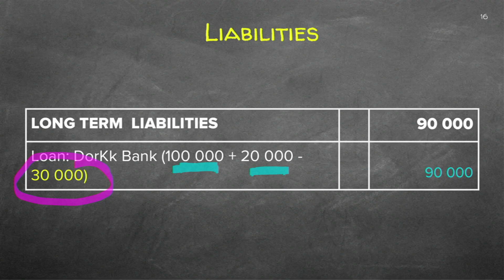Short-term loan is a current liability, as you well know. So now if I said 100 plus 20 gives me 120,000 minus the 30,000, which is the portion I'm going to repay, I've got 90,000 Rand. And draw a box around there, and you've indicated your 90,000, and the answer always goes on top.